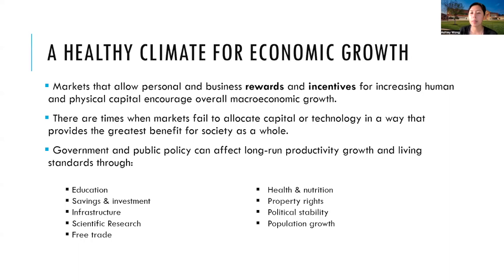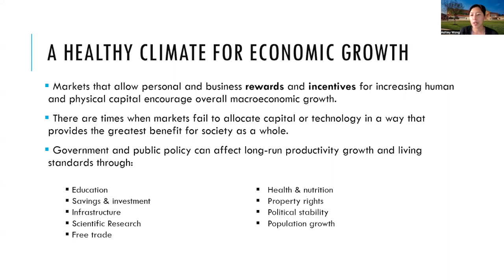Okay, so we've talked about the factors that are affecting economic growth, including physical capital, human capital, natural resources, and technology. But there are other societal features that can determine whether or not a country has a healthy climate for economic growth. So, what we want is we want markets that are allowing people and businesses to be incentivized for increasing capital and to improve macroeconomic growth.